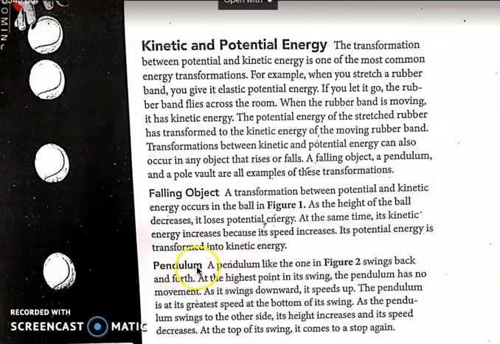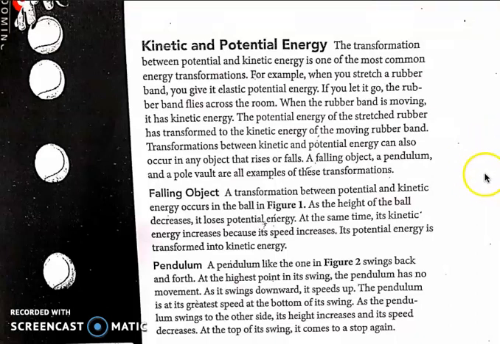A pendulum. A pendulum, like the one in figure 2 below, swings back and forth. At the highest point in its swing, the pendulum has no movement. Okay? So when it gets to the top, it stops for a split second. You almost can't even see it, but it does stop.